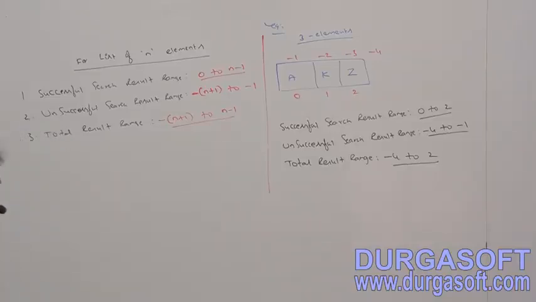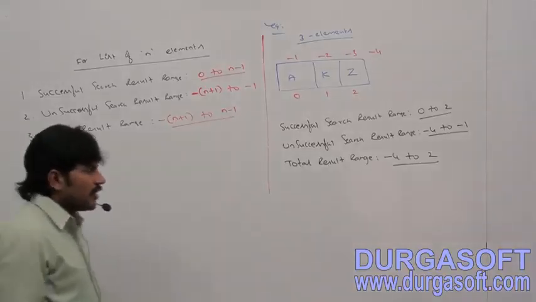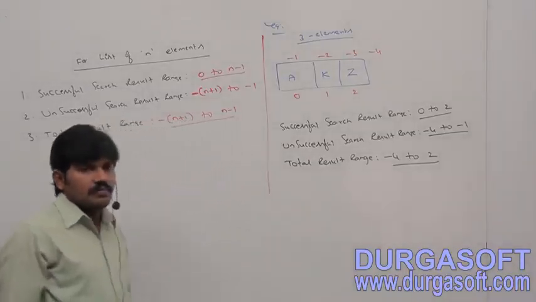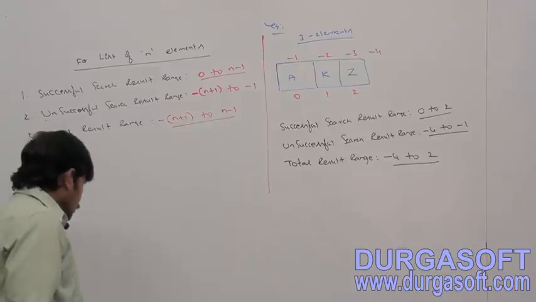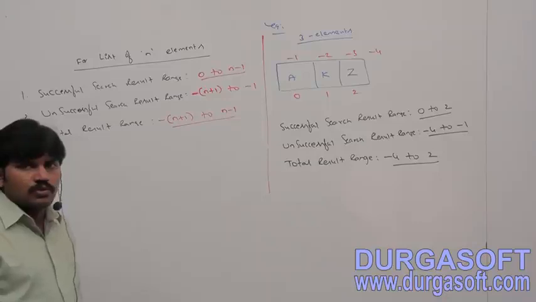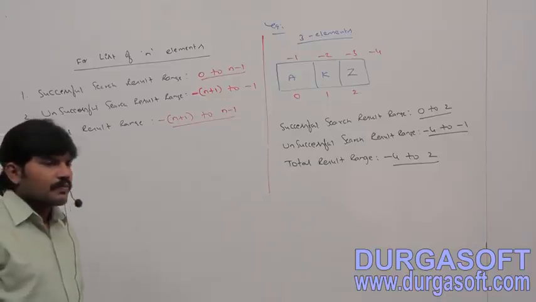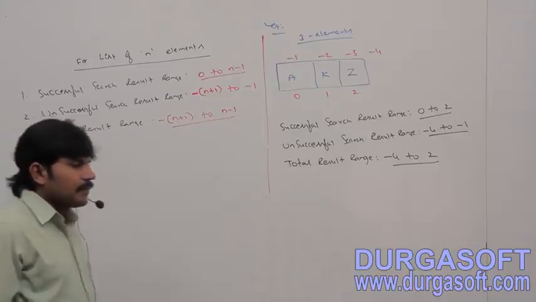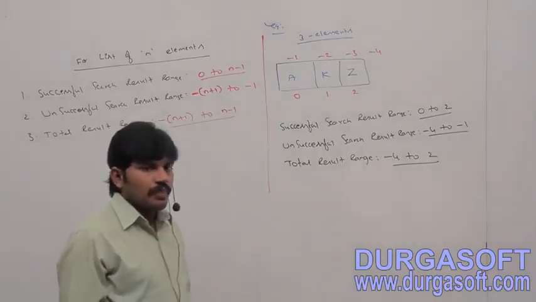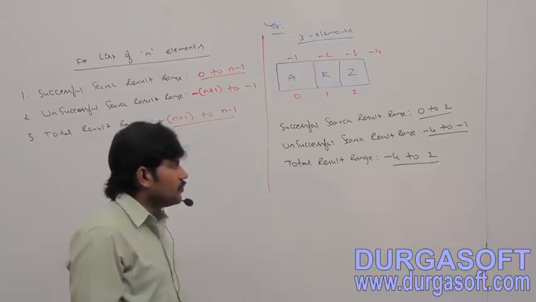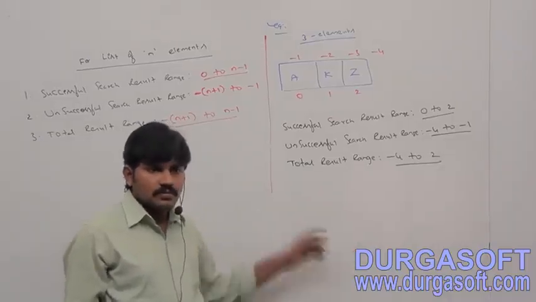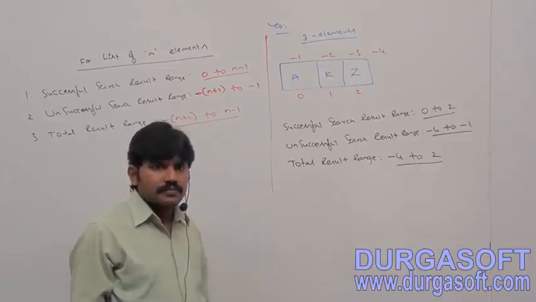Unsuccessful search result range minus 4 to minus 1. Total result range minus 4 to 2. That's all. Completed, right?